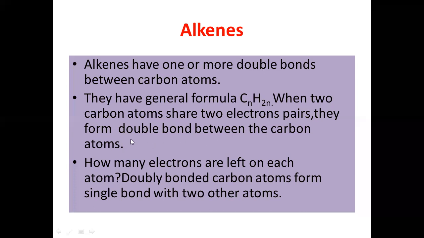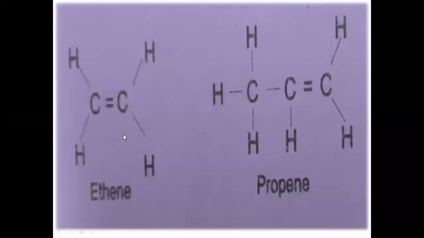When two carbon atoms share two electron pairs, you know that they form a double covalent bond, or double bond, between the carbon atoms. How many electrons are left on each carbon atom? Doubly bonded carbon atoms form single bonds with two other atoms. Now you can see in this case, 4 electrons are present in the outermost shell of carbon, so carbon will make 4 bonds.